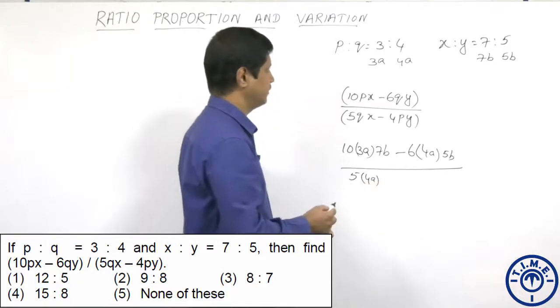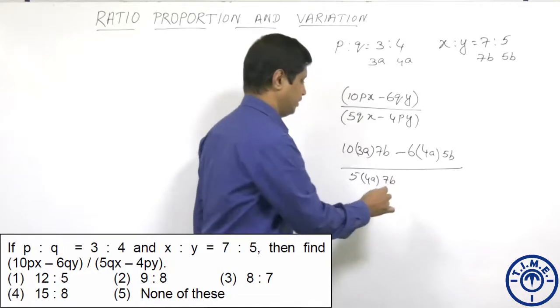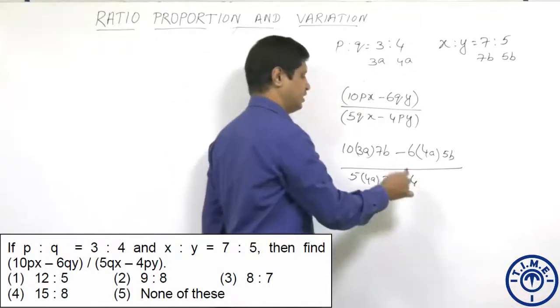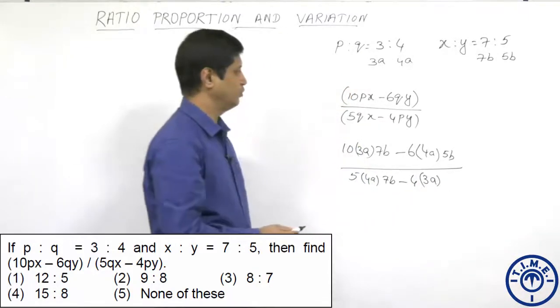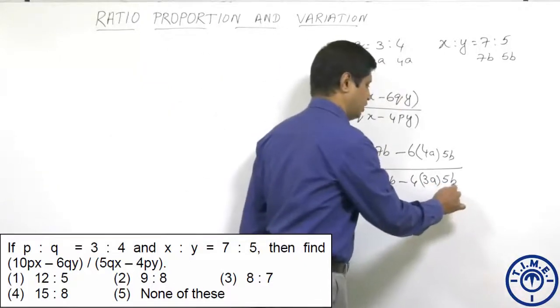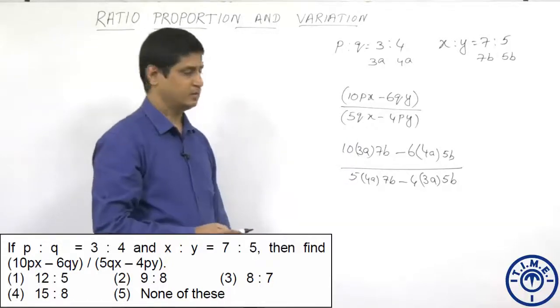What is the value of X? It is 7B. Minus 4 Py, the value of P is 3A, and the value of Y is 5B. On solving this, we get the ratio asked in the question.